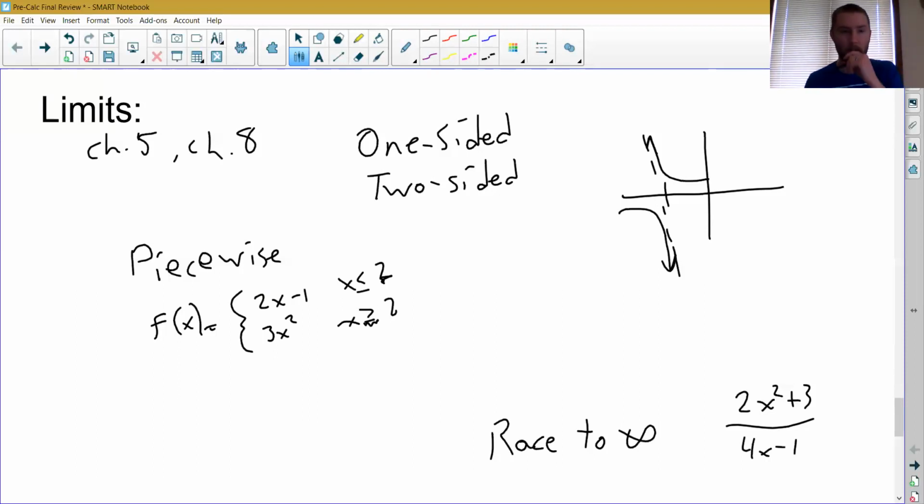Pretty sure it was chapter 5. I can't see it necessarily in these titles of the sections, but chapter 5 material and also chapter 6 material are all on Google Classroom, as well as chapters 7 and 8. So limits, one-sided, two-sided, going to infinity, going to a specific point, and so on.